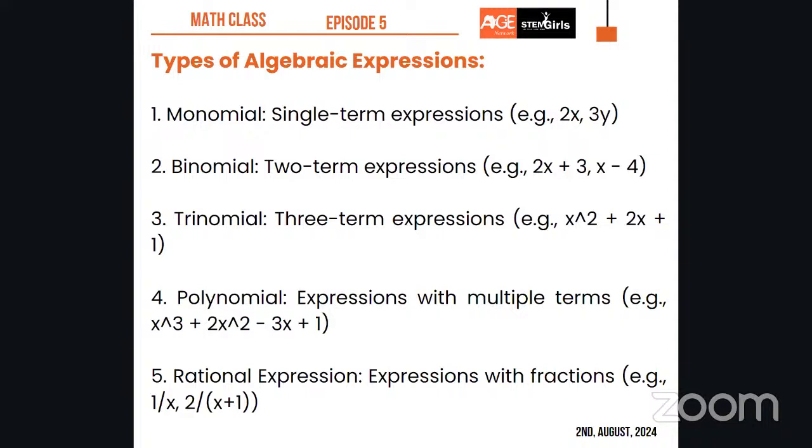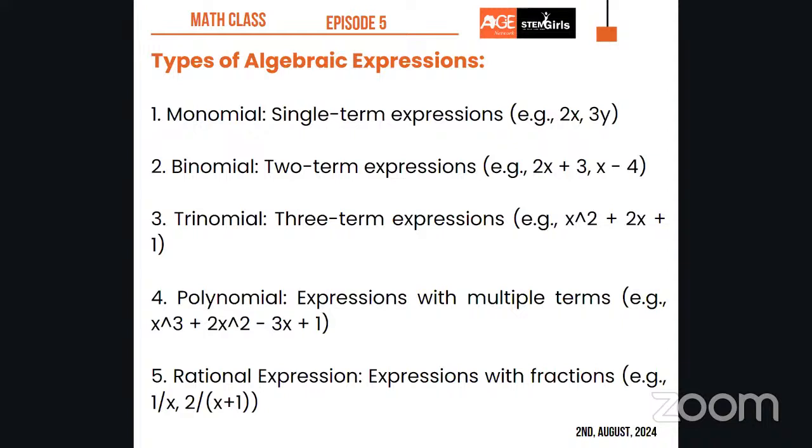Now we have trinomial, which is a 3-term expression, and the example I gave in the second slide is an example of a trinomial algebraic expression. So here I have x squared plus 2x plus 1. We have 3 terms coming together: x squared, which is one term, 2x, which is another term, and 1, which is the third term. Now we have polynomial.